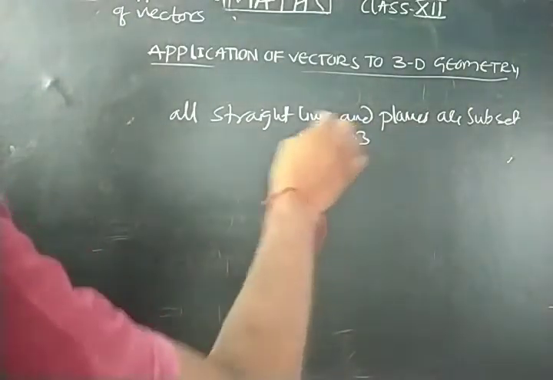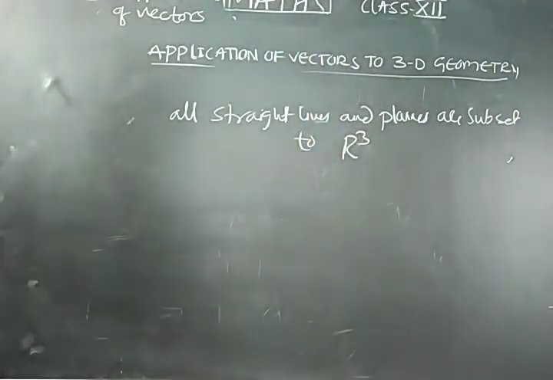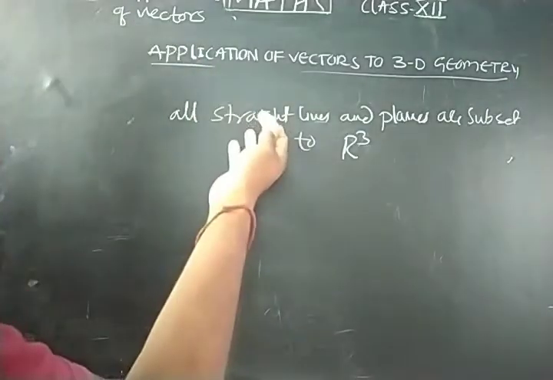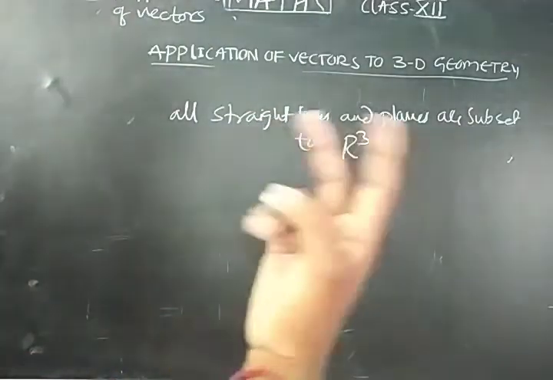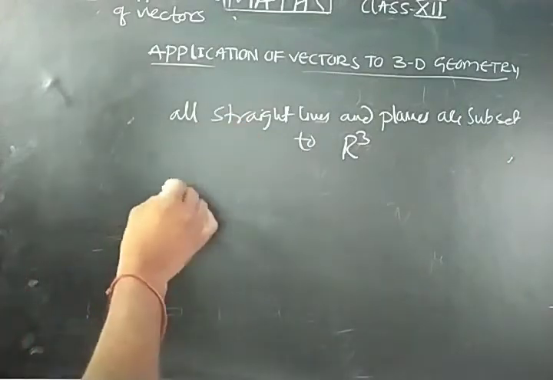Now we can apply vectors to derive the equation of a straight line. Straight lines have two types of forms: one is vector form, another is Cartesian form. Let us discuss straight lines.